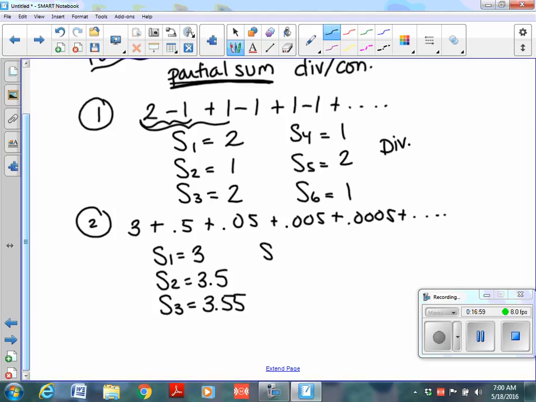The sum of the first 4 terms is 3.555. The sum of the first 5 terms is 3.5555. Definitely, it's converging, and it's never going to pass 3.6. Let me just check the ratio really quick.